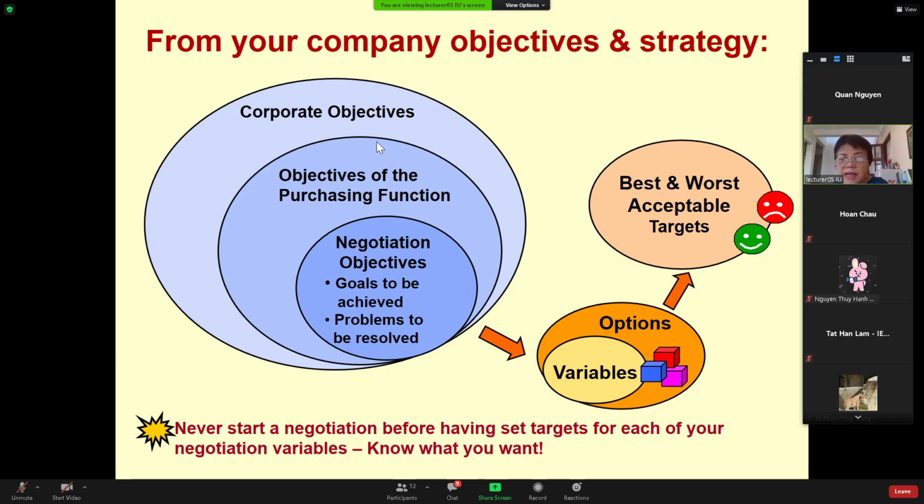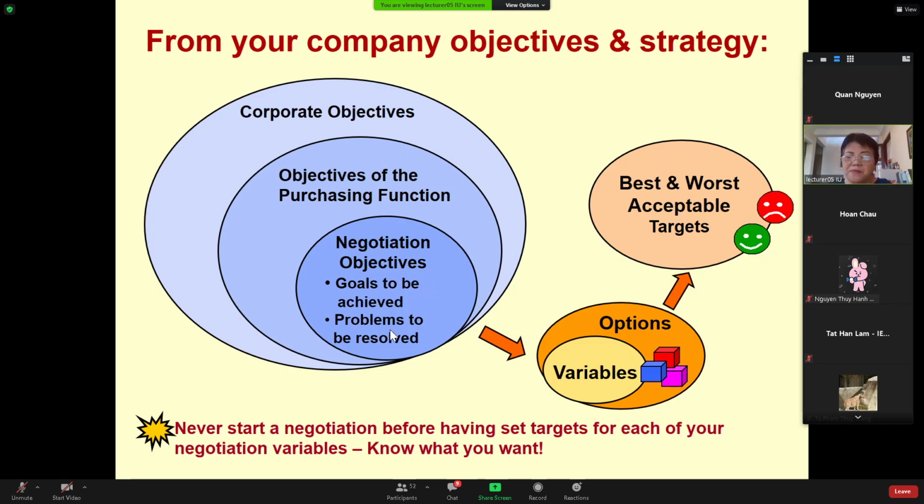Then there is your objective as a purchasing function and your negotiation objective, which is a small one. But understanding the big picture gives you more power in the negotiation to meet the objective of your purchasing function and of you as the individual purchaser.